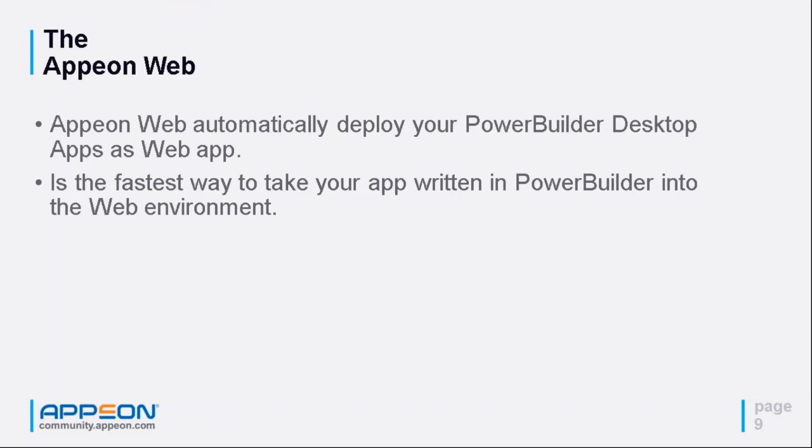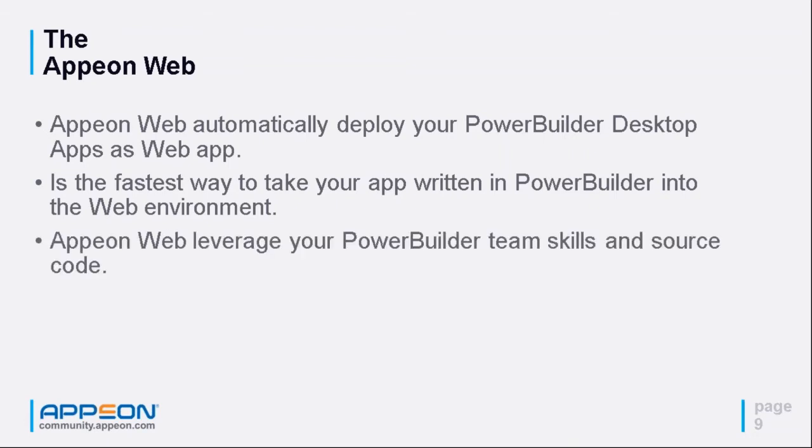You can keep your code written in PowerBuilder and run it in a .NET environment or a Java environment. So you can take it to a web server and serve it as a web application. You keep the same source code. That was a very good thing, because you can leverage your PowerBuilder skills.